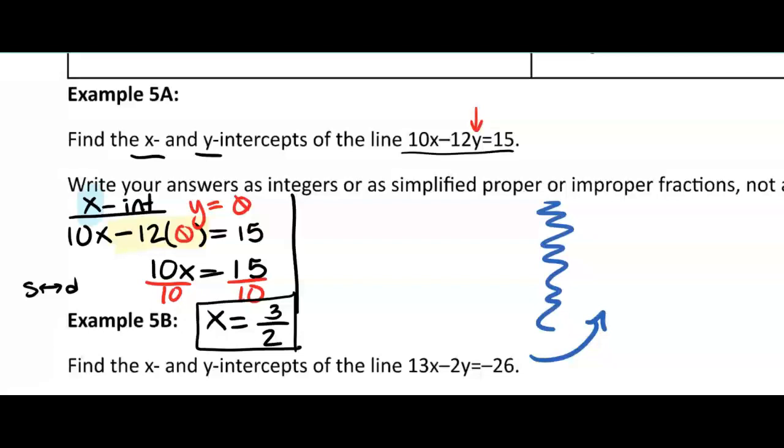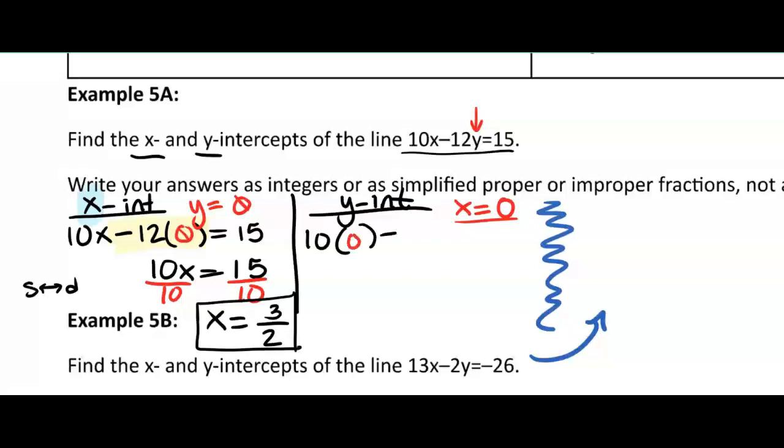Now we're going to find the y-intercept. When we find the y-intercept, what is true for a y-intercept? That the x equals 0. There you go. So for the y-intercept, the x equals 0, so we replace the x with 0.